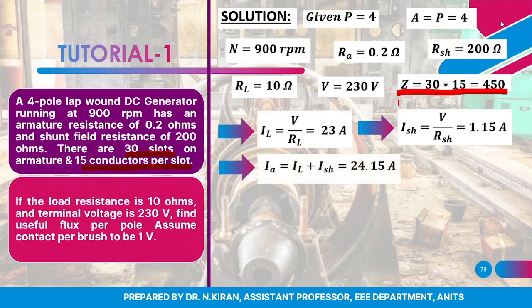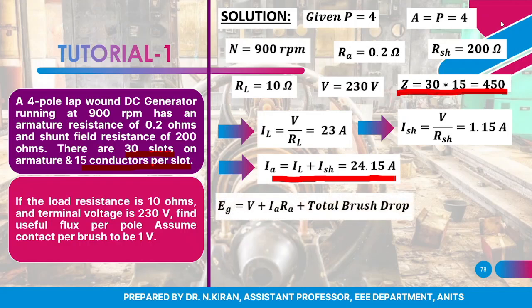Since we know load current and shunt field current, we can get the armature current IA. Since nothing is mentioned about the type of generator, by default we assume that it is a shunt generator. In a shunt generator, IA is equal to IL plus ISH. That gives the armature current to be around 24.15 amps.